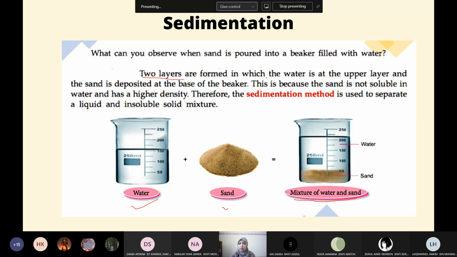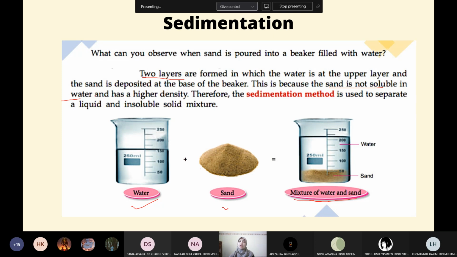Okay, so two layers are formed in which water is at the upper and the sand is deposited at the base of the beaker. This is because sand is not soluble in water. Insoluble lah, not soluble.